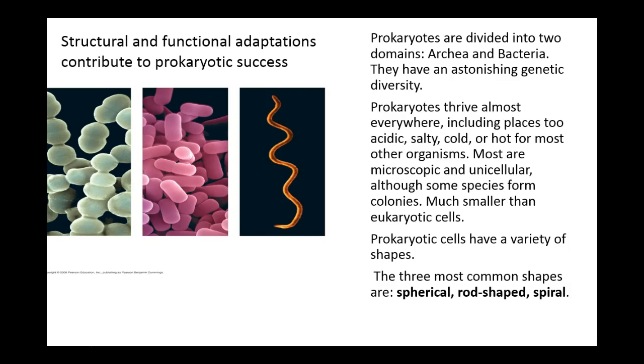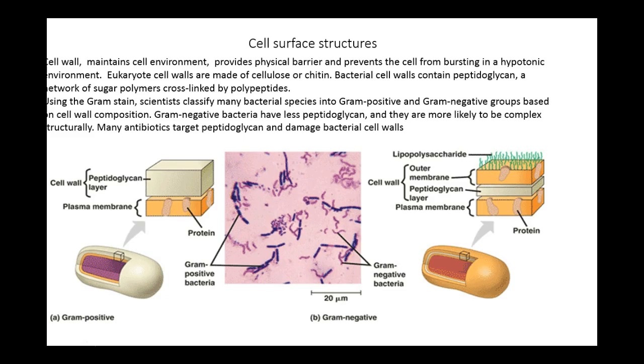And the third one to the right is a spiral shaped, and these spiral shapes can be more like a comma or a corkscrew. And spiral shapes also, unfortunately, can be problematic in some disorders. So three main shapes.